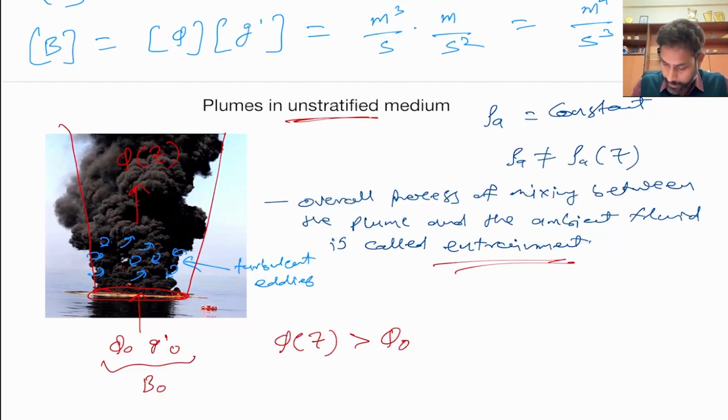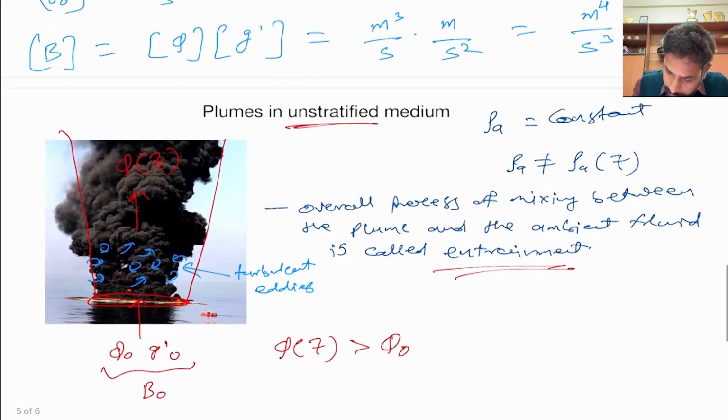At the same time, because there was a density difference g prime naught, that was delta rho between the plume and the ambient in the beginning, now as it rises and there is entrainment of ambient fluid, the plume gets diluted slowly as it goes up. There is less and less density in the plume.